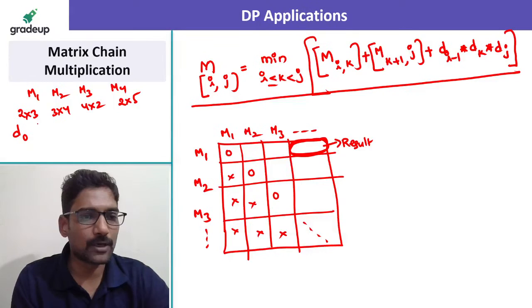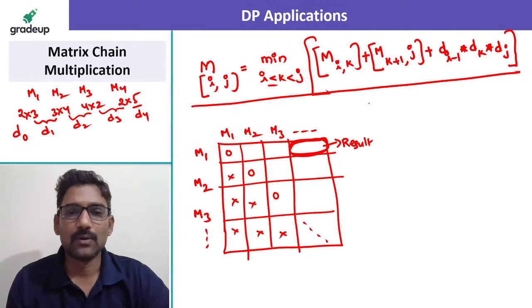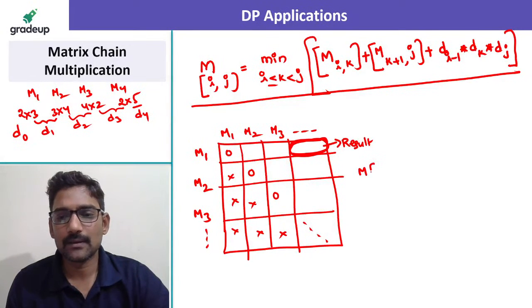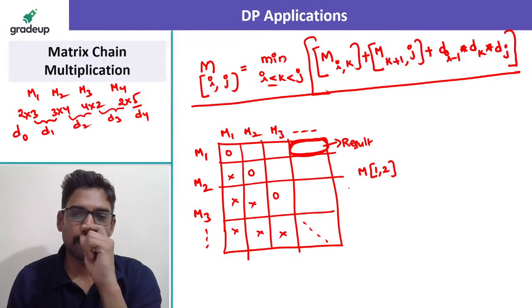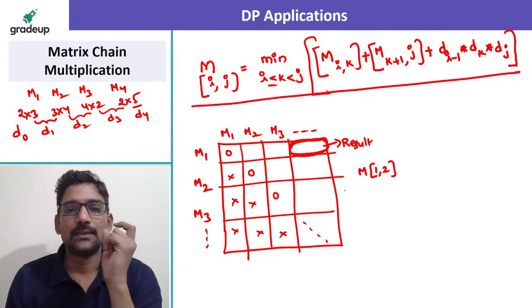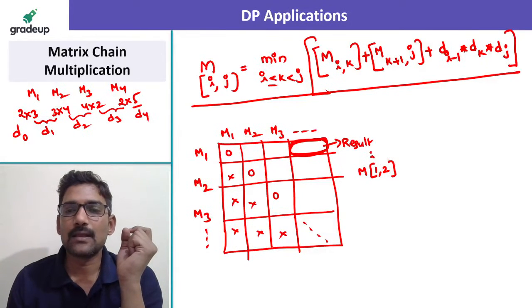So this is D0, this is D1, this is D2, this is D3, this is D4. Now, if I want the number of multiplications required for multiplying M1 and M2, here i is 1, j is 2.